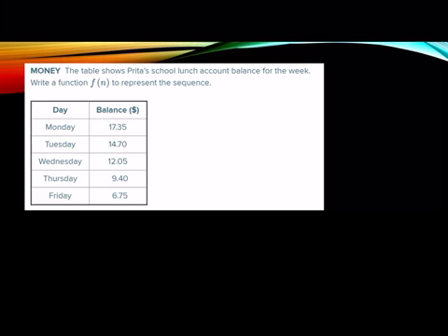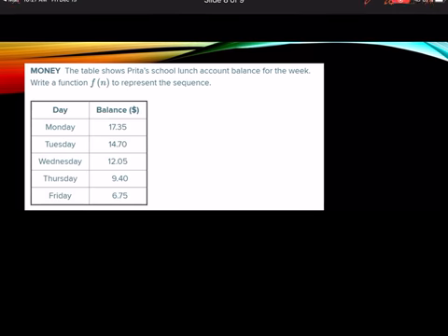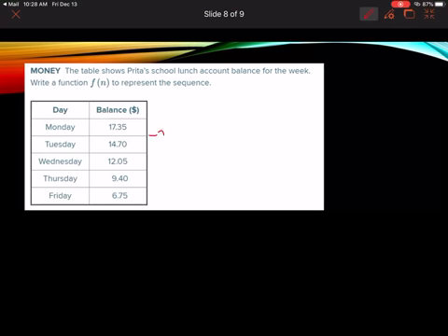The table shows Prita's school lunch account for the next week. Write a function f of n to represent the sequence. First thing I have to do is find the common difference. So I take 1735 minus 1470, so that goes down by negative 265. So that equals d. Now I can write an equation because my first term is this, that equals a sub 1.